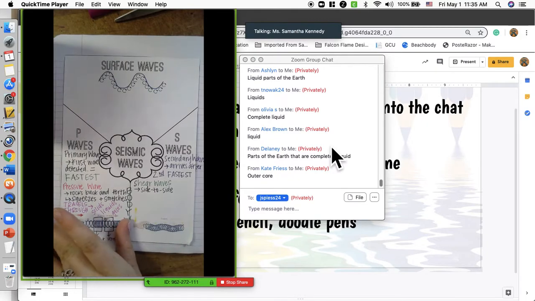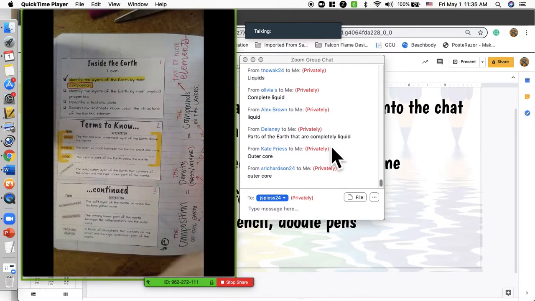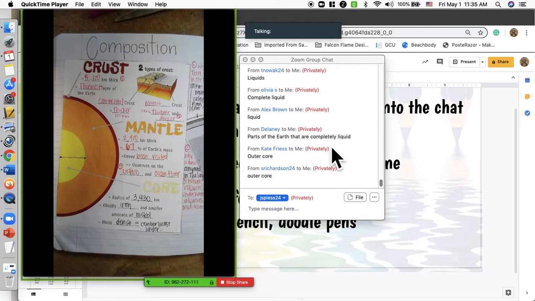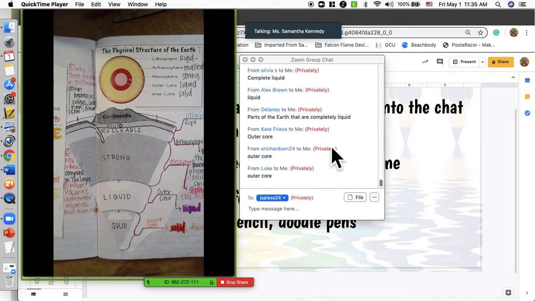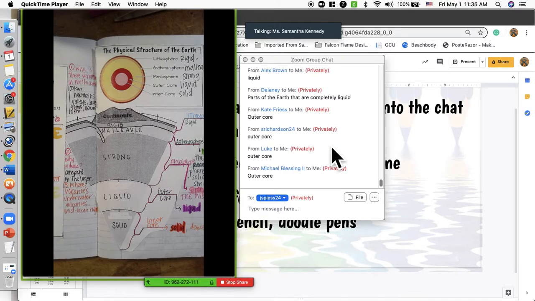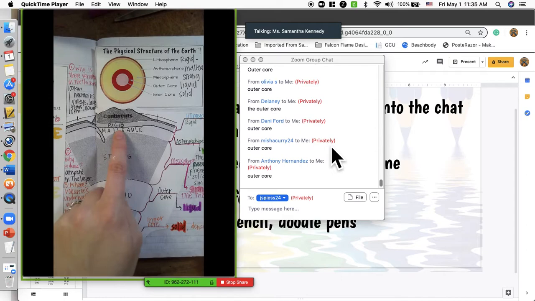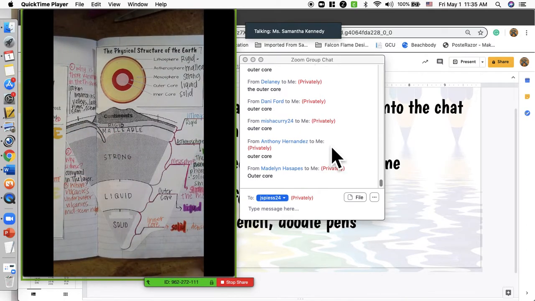Okay, if I go back. Which one of these layers is completely liquid? Perfect. You guys are saying the outer core. Now, we know that the asthenosphere and the mesosphere are the mantle, and it's solid rock that has the ability to flow.